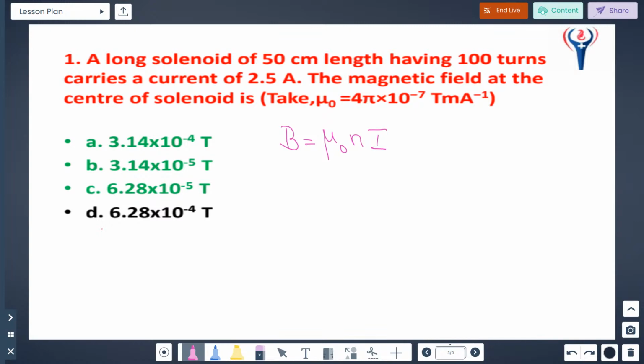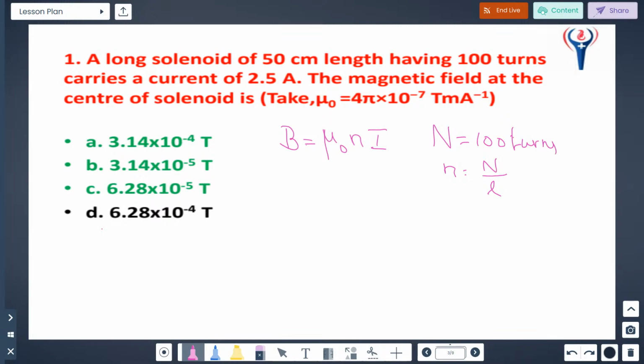And small n is the number of turns per unit length. And here 100 turns is given, that is capital N. Capital N only 100 turns. Capital N 100 turns. And small n is number of turns per unit length. That is n equal to N by L. And what the other data is given?